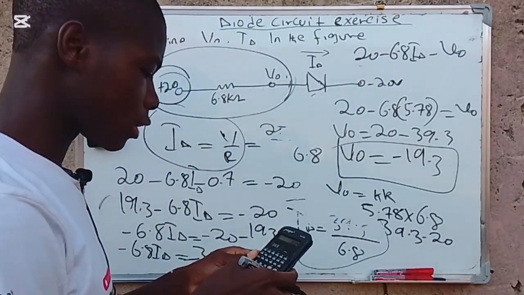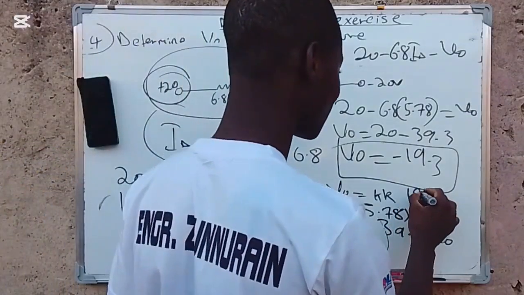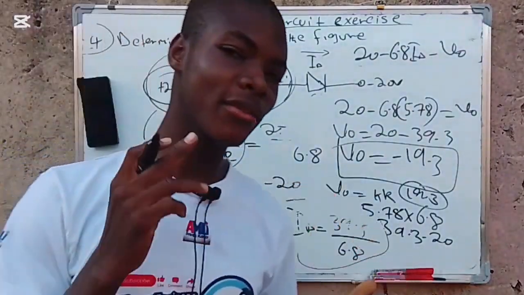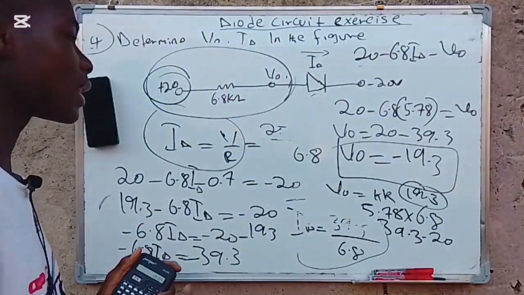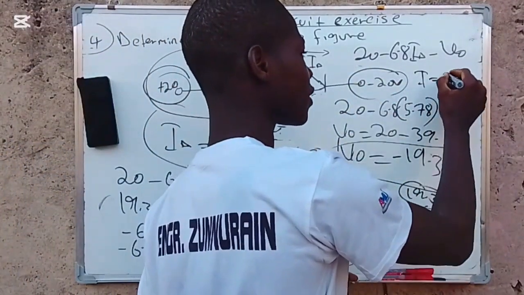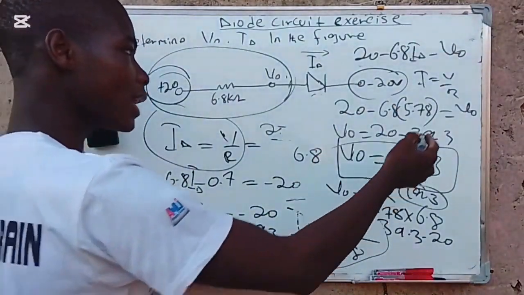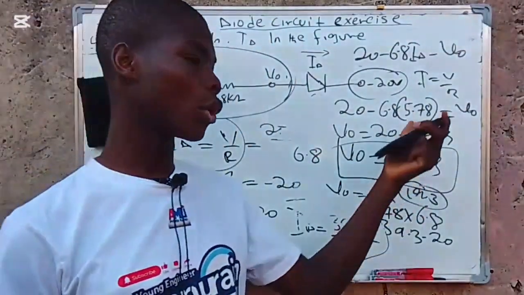So if I say minus 20 voltage, wow, it is the same thing as 19.3. So you can use two ways to identify the V naught, and you can use two ways to identify the current. You have to take note that if you are going to find current using I equal to V over R, if this one is negative, then at the end, after you subtract the voltage there, you have to add it.